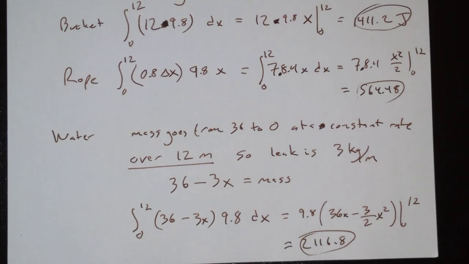So 4,093 joules. Let's see. That is enough to keep a 100-watt light bulb burning for 40 minutes. No, 40 seconds. So just to haul this up, the power used to turn on a 100-watt light bulb for 40 seconds. Not trivial.